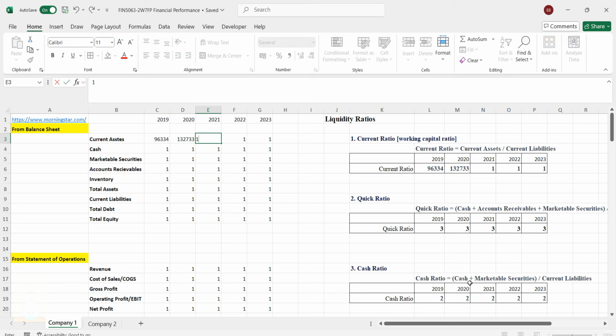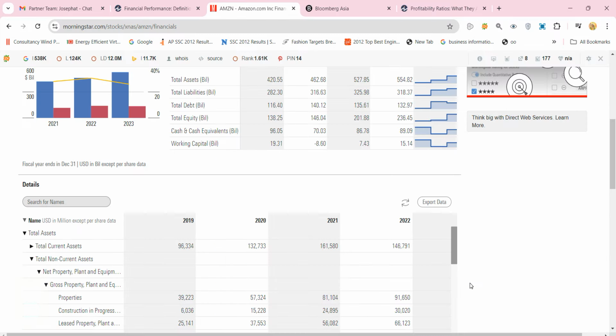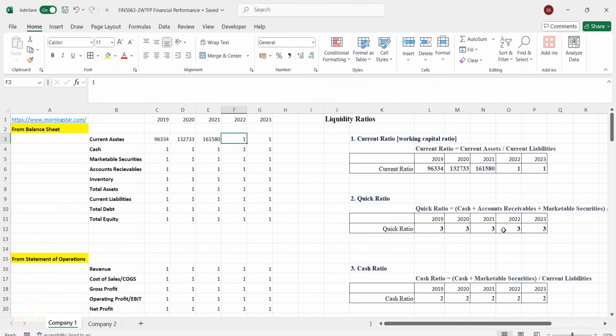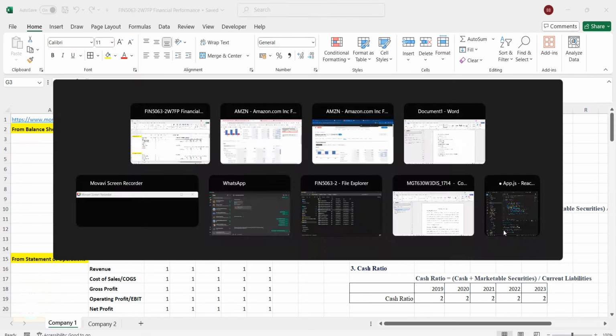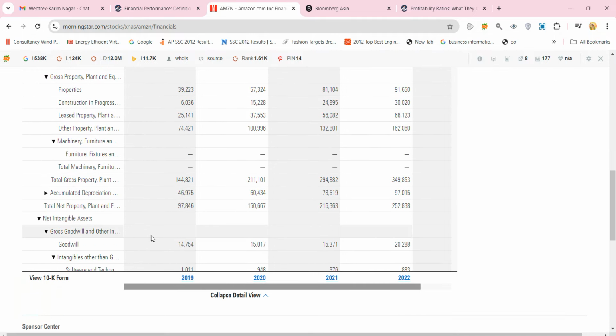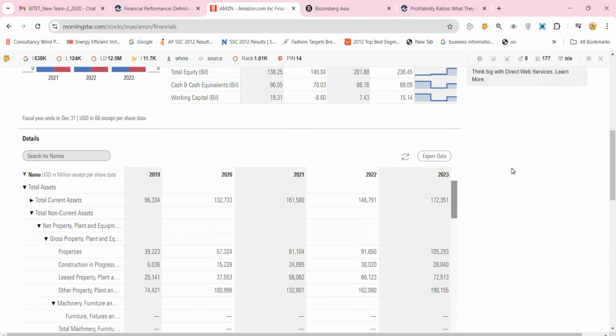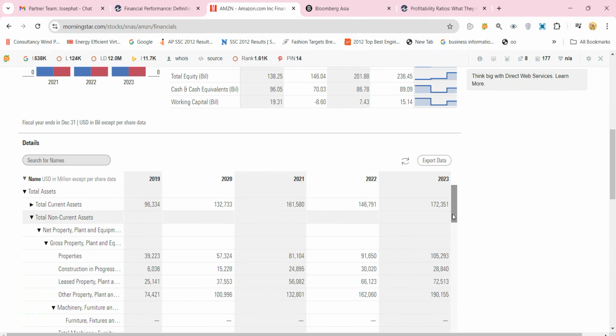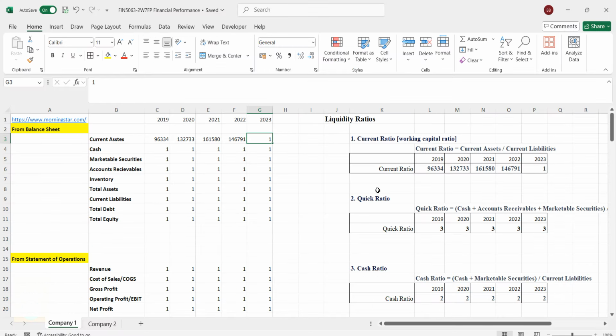Okay, 161,580. Next, for 2022, 146,791. Next again for 2023, just need to check this. 172,351. So these are the values for current assets.